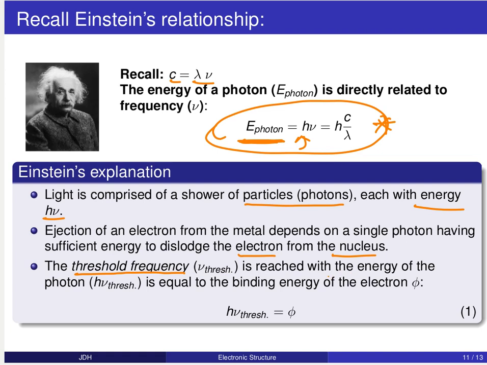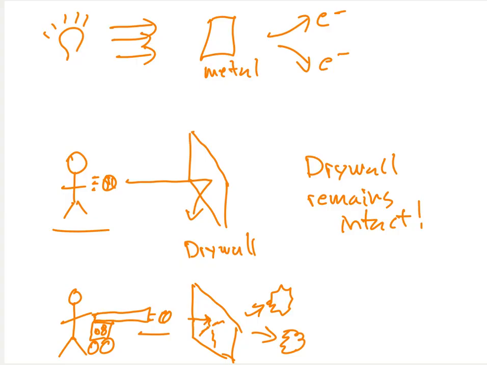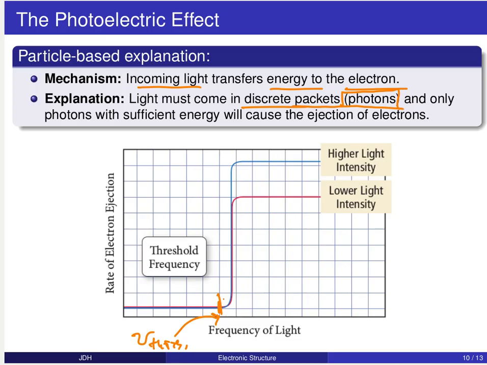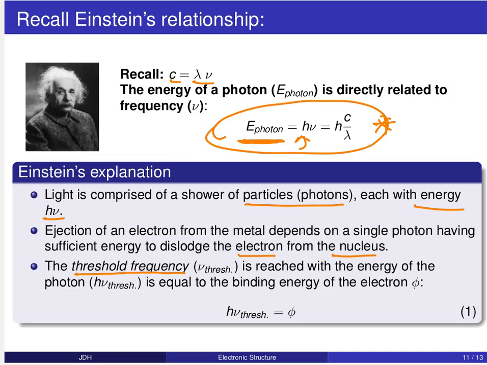So this inflection point in our little curve here, giving us the threshold frequency, tells us how tightly electrons are held to the metal that we happen to be observing. And so we call that the binding energy, and we denote that by the Greek letter phi.